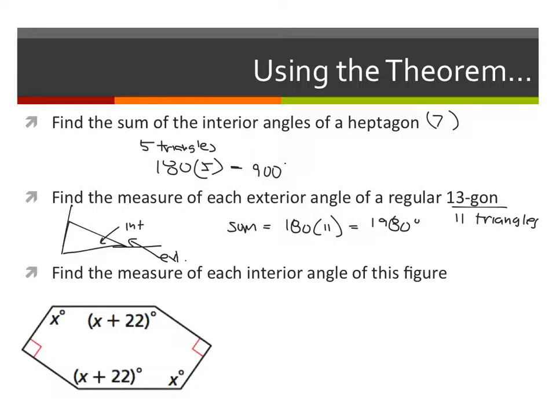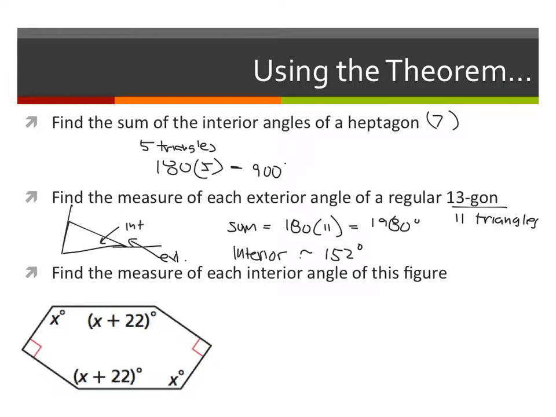What's the measure of each interior angle, guys? Dante? Interior? 1,980 over 13. What's that? 1,980 over 13. Right, which is about 152.